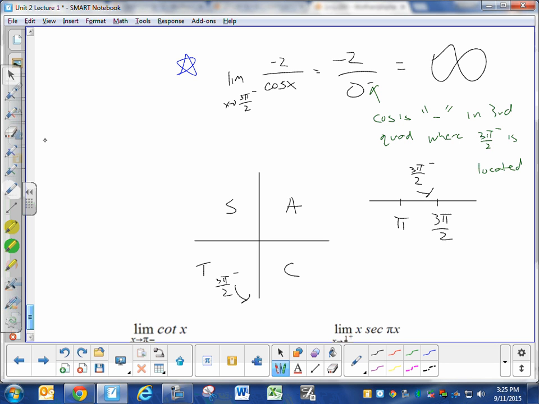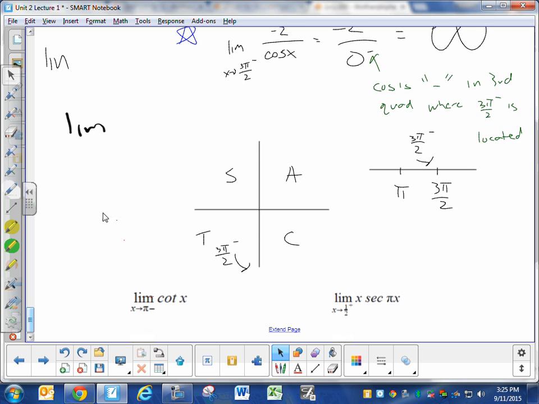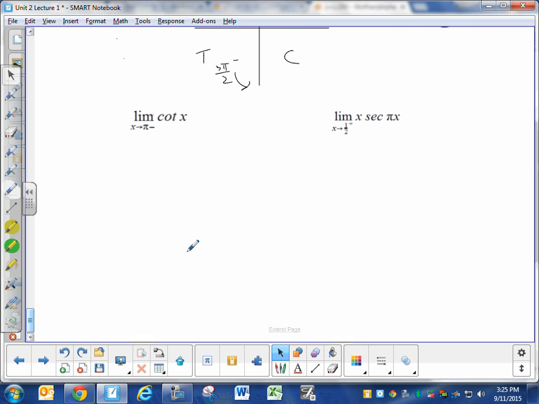Make sure you know what the cosine value is going to be at pi. Okay, here, rewrite this as cosine over sine. Now, it's important you're plugging in pi into both. The cosine of pi is -1. I don't care if it's -1 from the left or from the right.